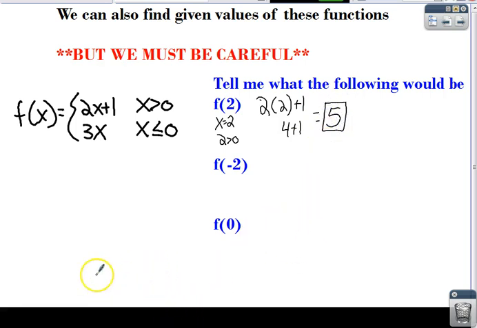I will warn you, if this were multiple choice, I guarantee one of the answers is going to be 6, assuming you put it into the wrong function, the bottom one. If you think about this, it kind of makes sense. Think of driving. The speed limit on Cadmus is like 35 miles an hour. On 422, the speed limit is 55.